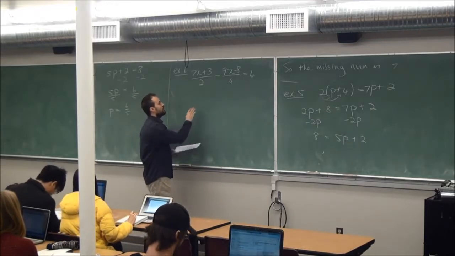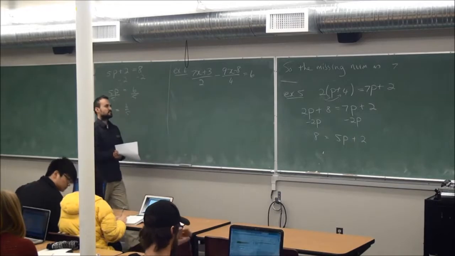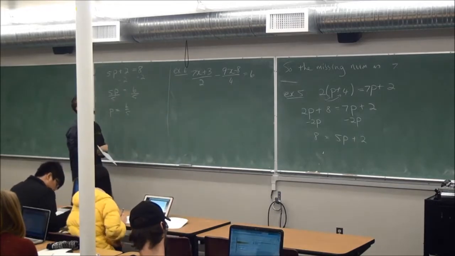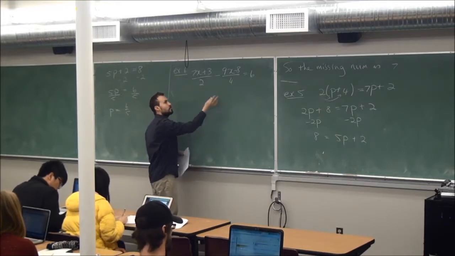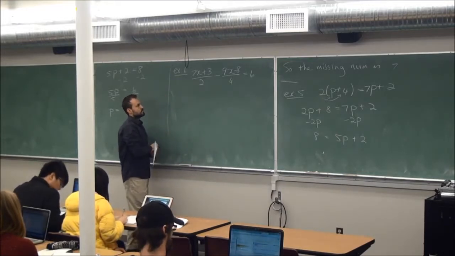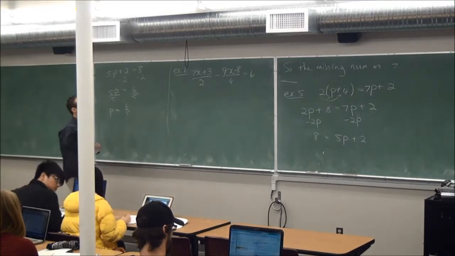Now, the first thing that bothers me is the fractions, the denominators. They're just making things more complicated, or look more complicated, than it needs to be. So what can I multiply with on both sides to get rid of all the denominators? 4.